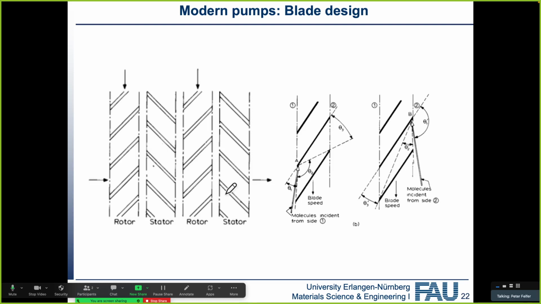And typically we have a rotor and a stator, and so if we look from the perspective of a molecule from the incident side, it sees an angular area of this size for the adsorption, whereas if the blade's spinning, it sees a larger angular size when it's desorbing, because when it's desorbing, it has the same speed as the blade. When it's adsorbing, it has a speed relative to the overall world frame.